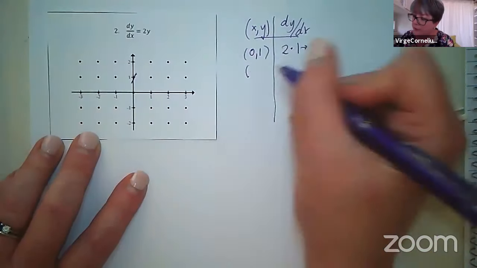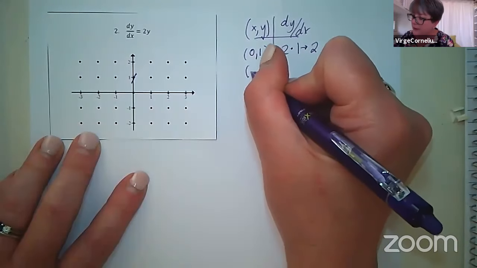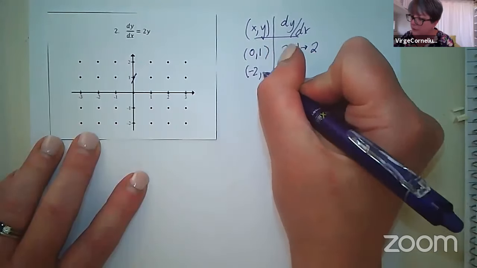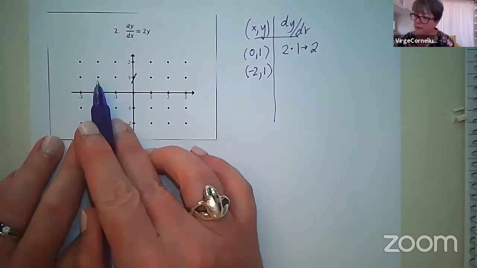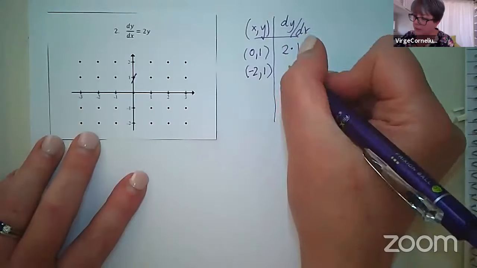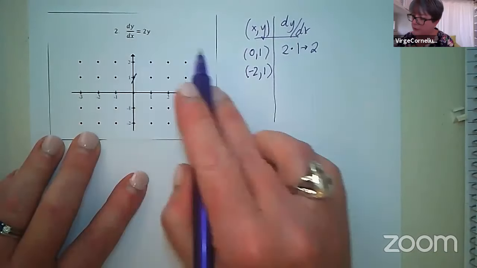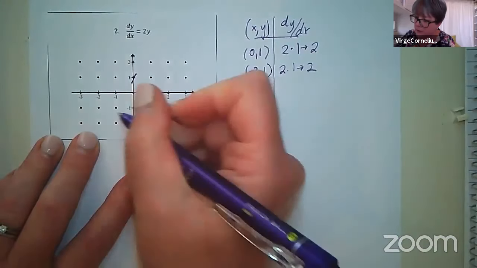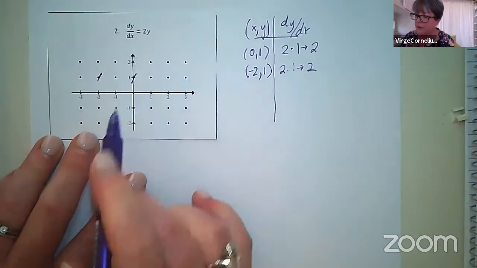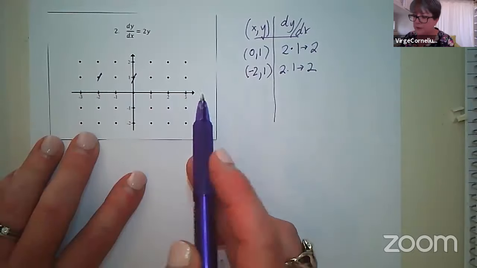However, if I had the point, let's see, (-2, 1), this point right here, the y value is 1. So that's also going to be 2 times 1, which is 2. So all of these going across are going to have the same slope of 2.